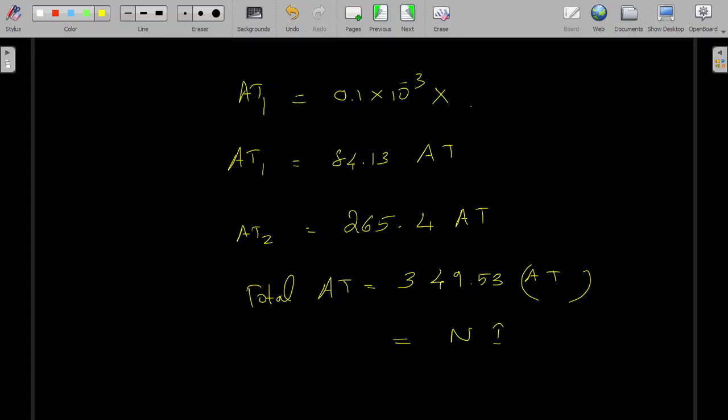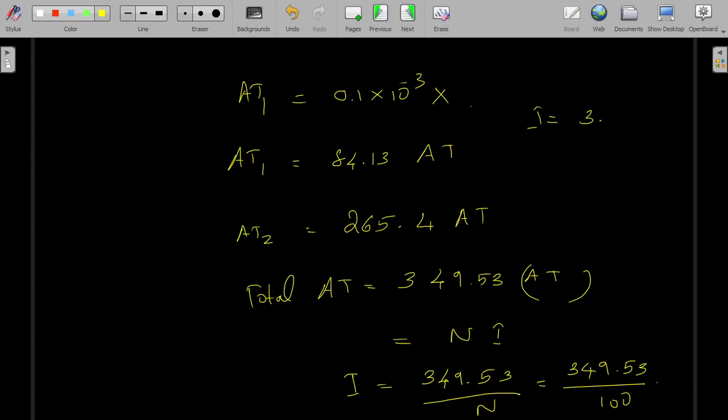So the examiner has asked you to find out the magnetizing current, that is I here. So I will be equal to 349.53 divided by N, which is 349.53 divided by 100. So the answer will be I is equal to 3.4953, which is approximately equal to 3.5 ampere.